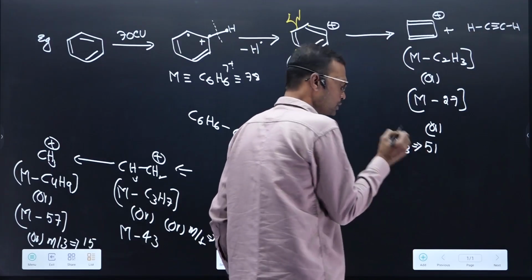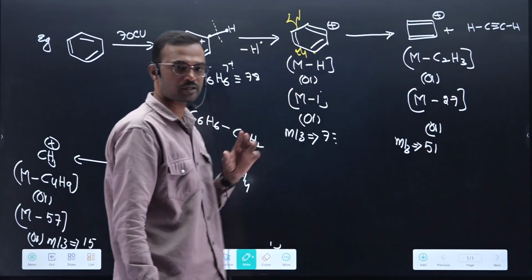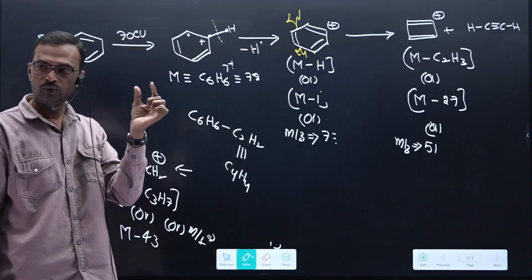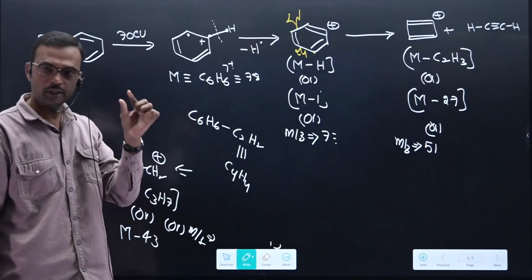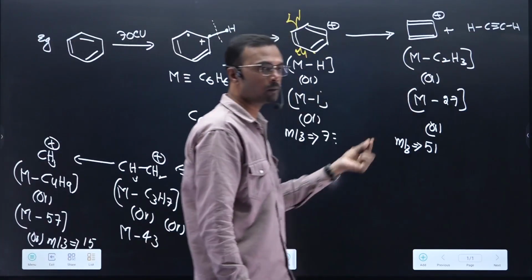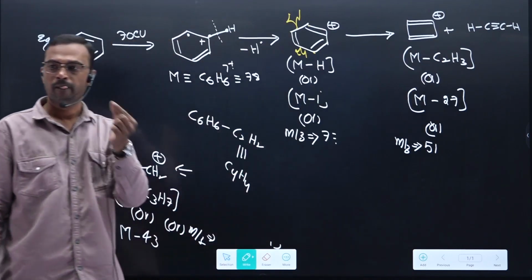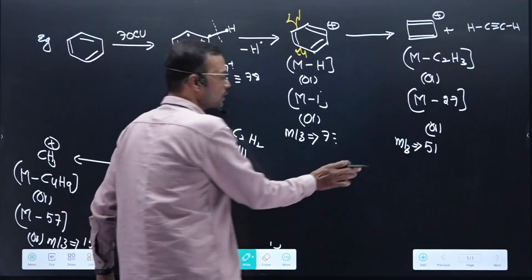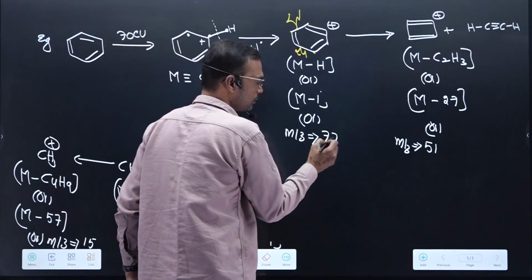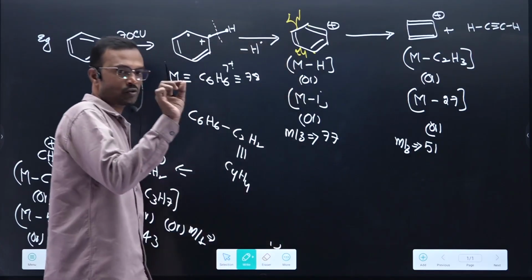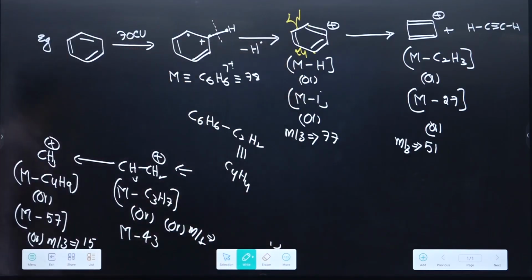Remember, this is common for benzene. When benzene is present, remove hydrogen first, then remove triple bond. Every time when benzene is present, 78, 77, 51. These three are common peaks. Whenever you are getting 77, 51 you will get. 77, 51 you remember every time. Clear?